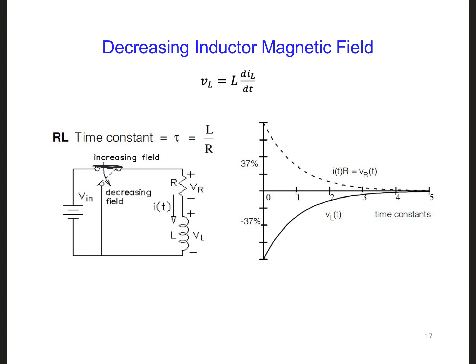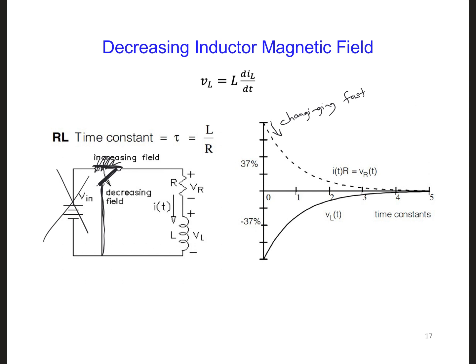Now, if we were ever able to disconnect this battery, and instead we changed that switch so the battery is shorted out, so I'm going to take that off. Now the battery is no longer connected. At this point, the current is going to start decreasing, and it's changing quickly, reducing fast.